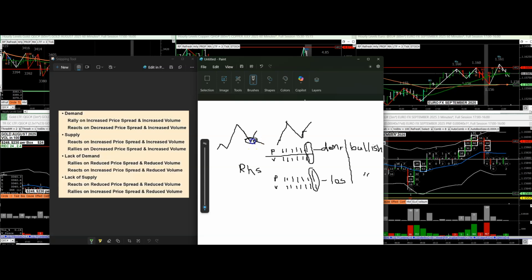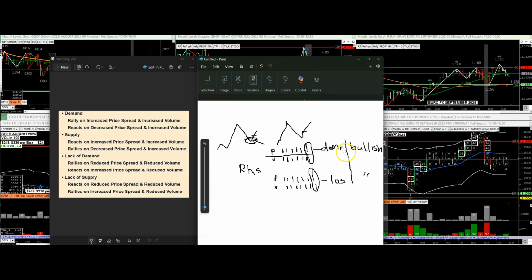When price pulls back, then pivots up with a thrust, with a wide spread bar, if it has a lot of volume, it's demand. If it doesn't have a lot of volume, it's a lack of supply. Either case, it's bullish because price was able to pop up and had expansion in range.